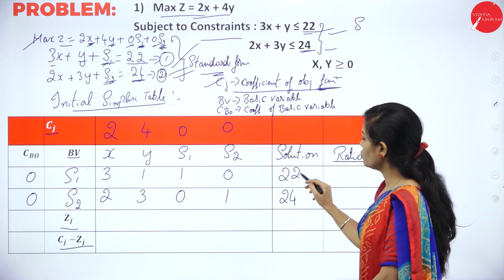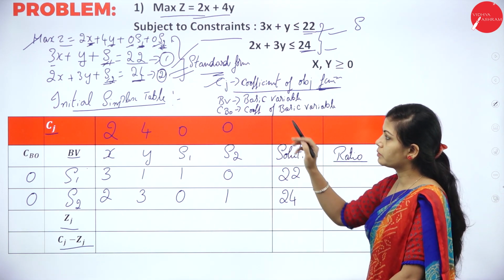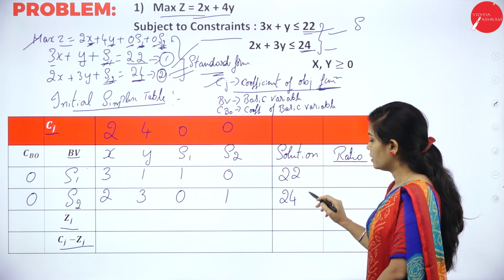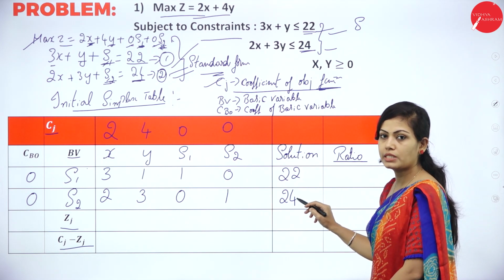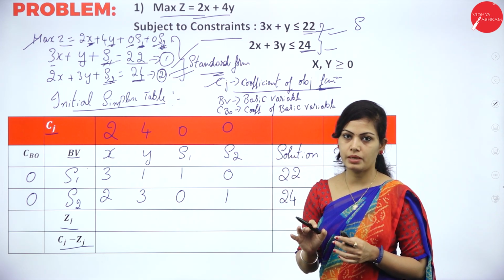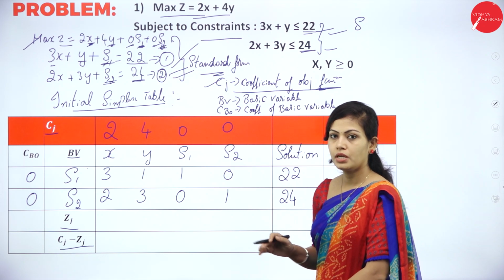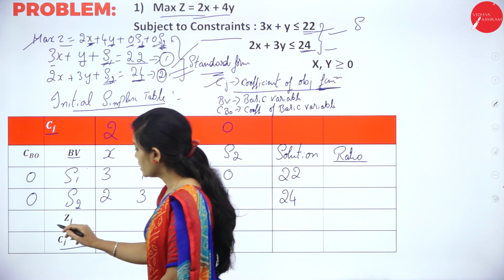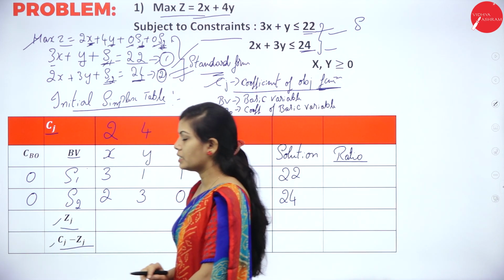And this is solution in both the equations, that means RHS of the value in first equation and RHS of the value in second equation. So this is your given values written in the initial table. And what is the next step? Here you have to find Zj and Cj minus Zj.